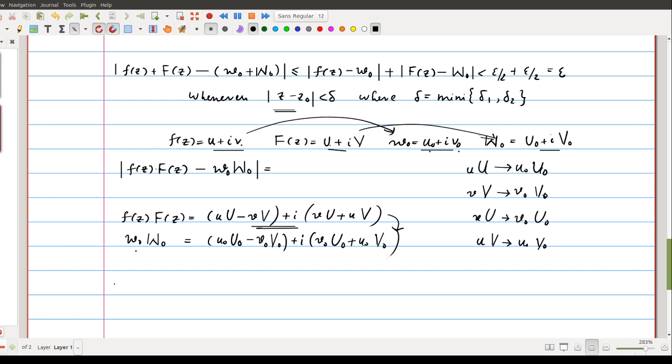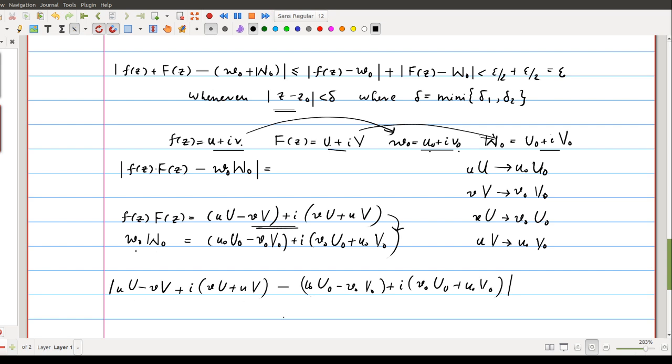So we start with capital U minus v capital V plus I times (v capital U plus u capital V) minus the product: u naught capital U naught minus V naught capital V naught plus I times (V naught capital U naught plus U naught capital V naught).